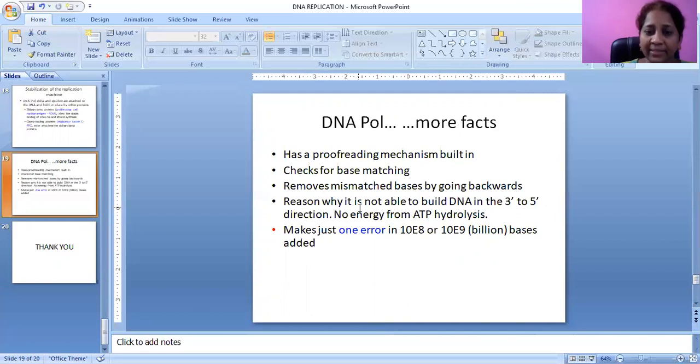That is the reason it is not able to build DNA in 3' to 5'. Because of this, it only builds DNA in the 5' to 3' direction.